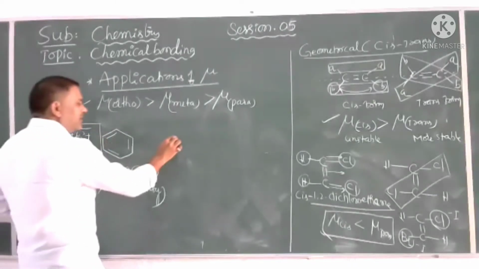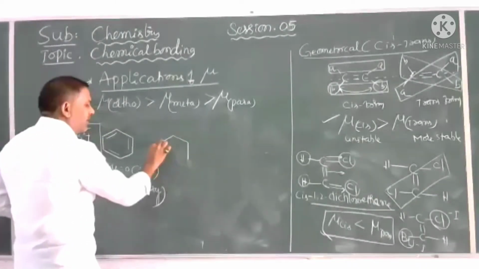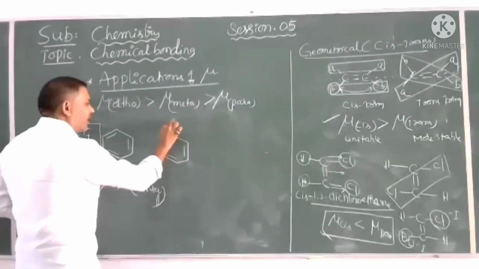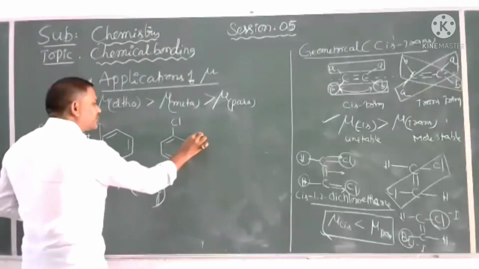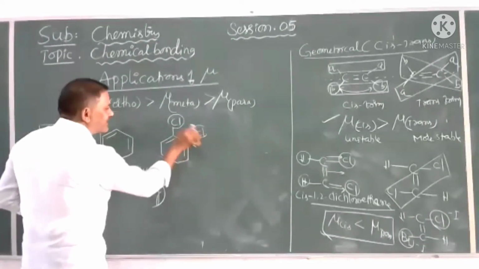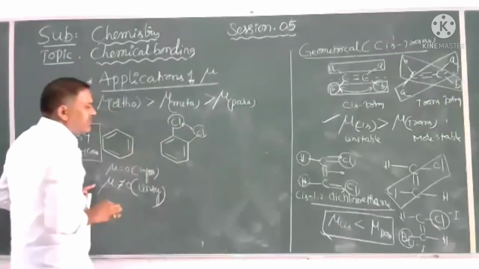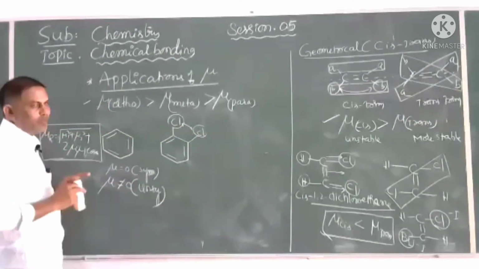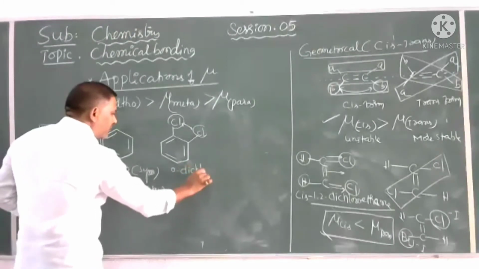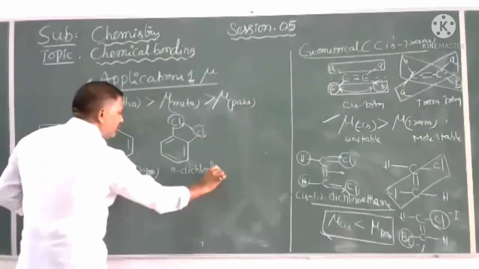But now, to this benzene, at ortho position, this is the chlorine, and at ortho position one more chlorine is there. Between these two groups, there exists a certain dipole moment. It is called ortho dichlorobenzene.